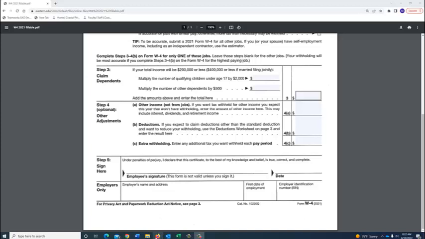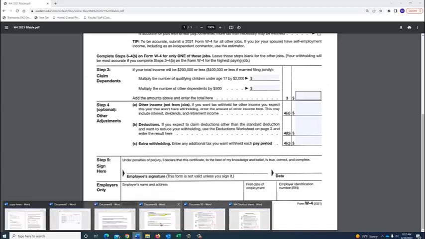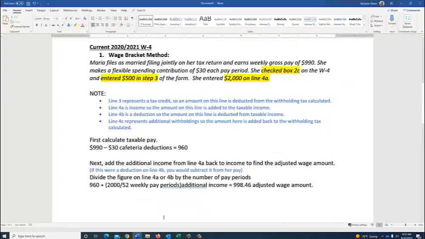So let's take a look now at some examples of calculating federal withholdings using the current form. We're going to first look at the wage bracket method, and then we'll cover the percentage method next. In our example, Maria files as married filing jointly on her tax return and earns weekly gross pay of $990.